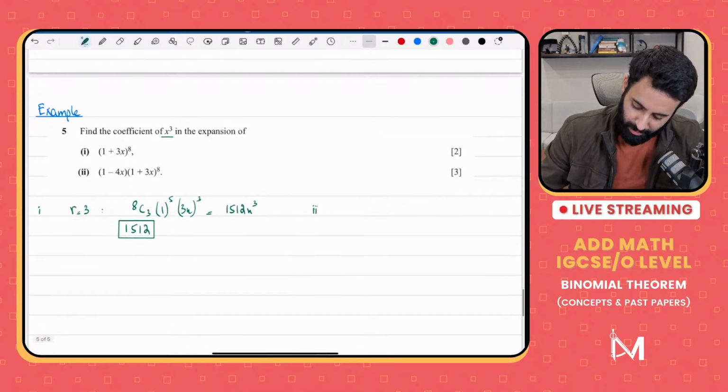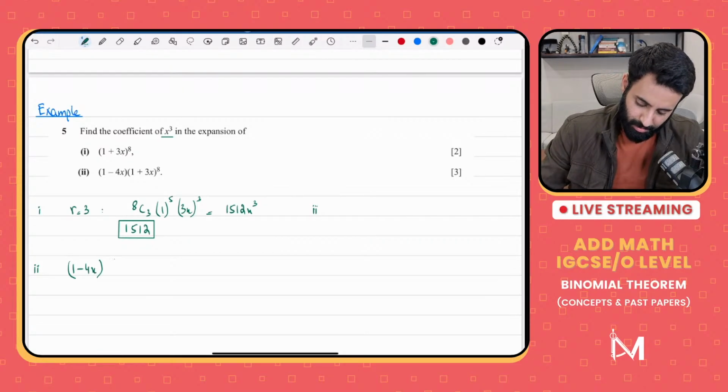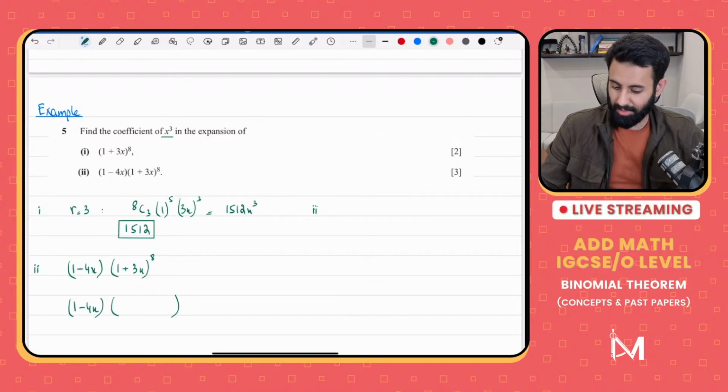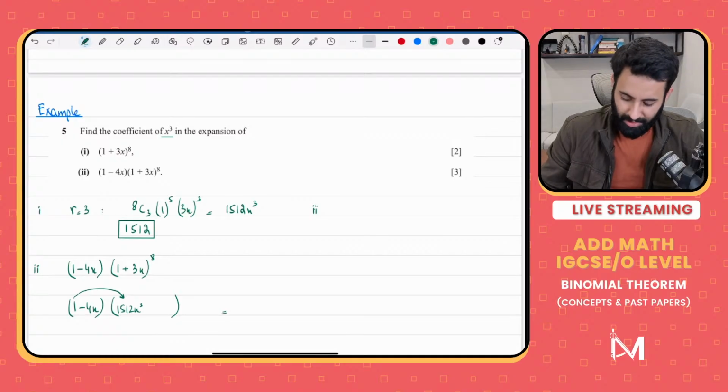Now here's part 2, and I want you guys to pay close attention to it and make a note of this as well. Notice that we have 1 minus 4x, which is being multiplied by 1 plus 3x to the power of 8. As far as 1 minus 4x is concerned, there's nothing to expand here. But as far as 1 plus 3x power 8 is concerned, if I multiply 1 with 1512x cube, I will get the term which has x cube in it.